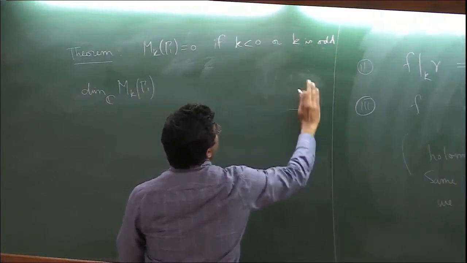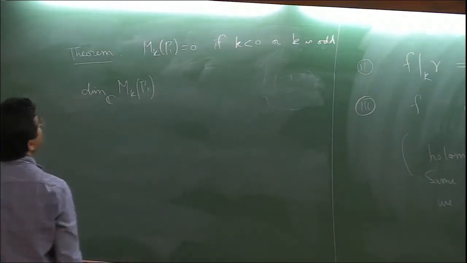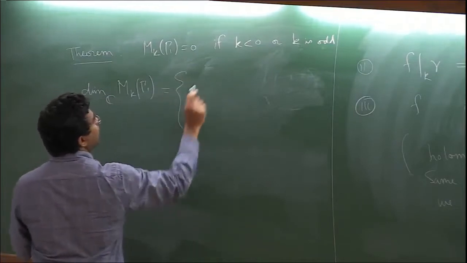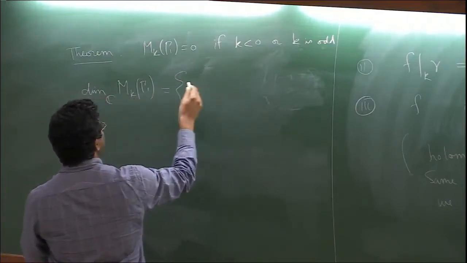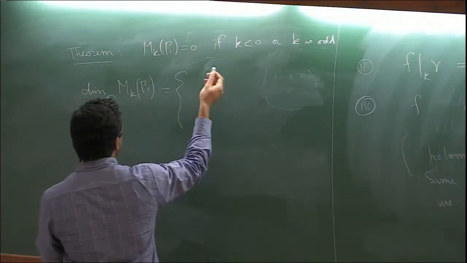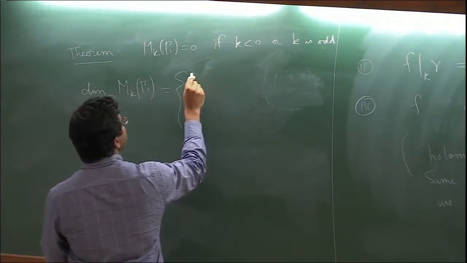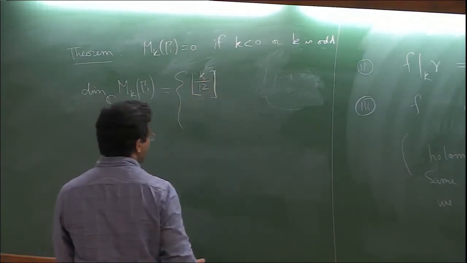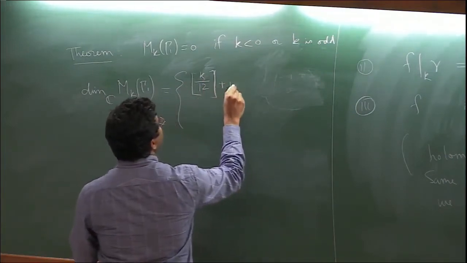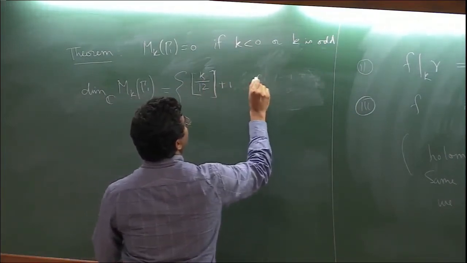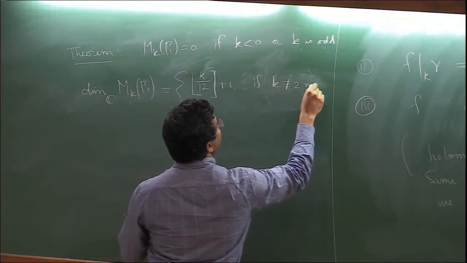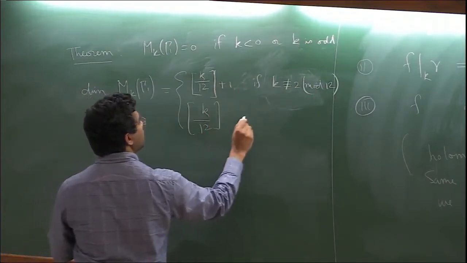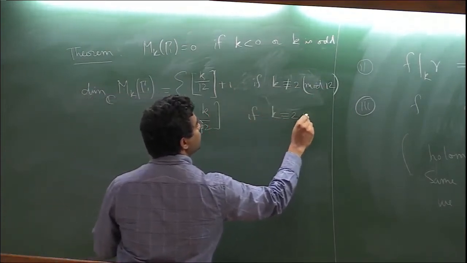So when k is odd, you don't get any non-trivial forms. And when k is negative, you can show that it's again 0. So the only thing is even non-negative integers. The formula for this is the largest integer less than or equal to k over 12, plus 1, if k is not congruent to 2 mod 12, and k over 12 if k is congruent to 2 mod 12.